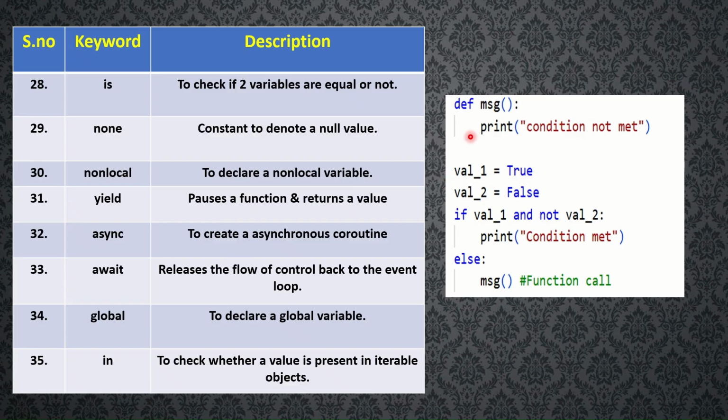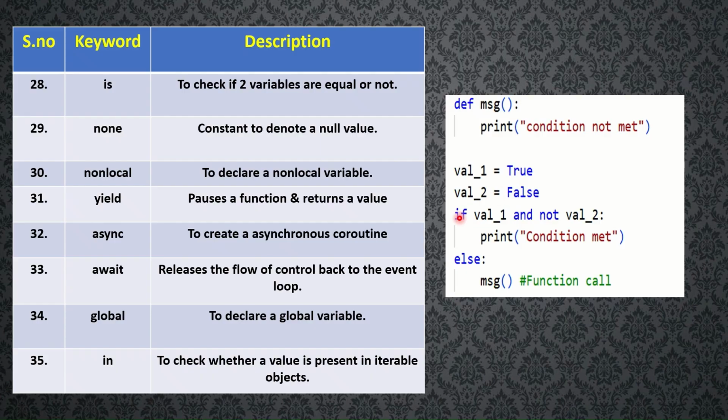So def is a keyword, and then I have declared two variables. So here you can see val_one, val_two. These are two identifiers or names that are holding the values True and False, and these True and False are reserved keywords.